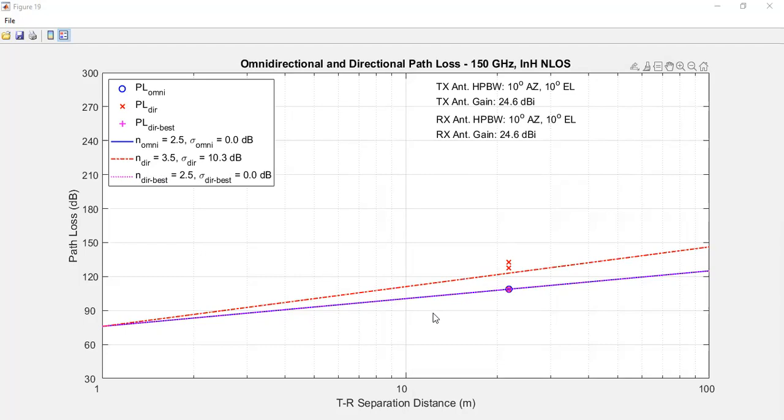Okay, and it gives sigma. I was expecting PLE, but you don't see it here.